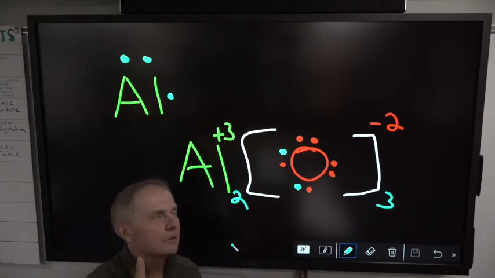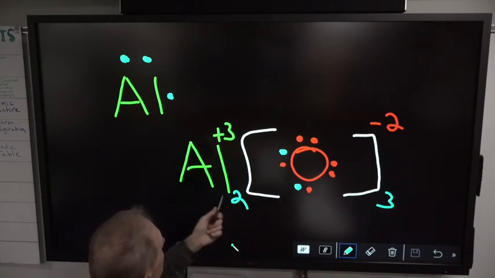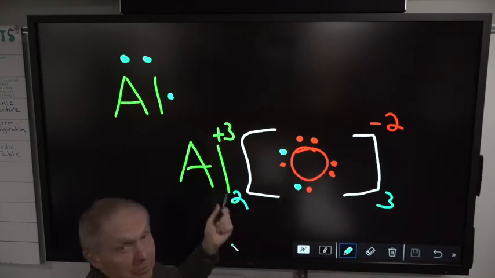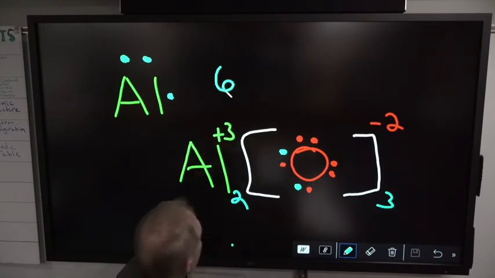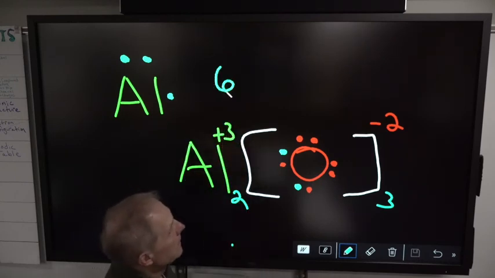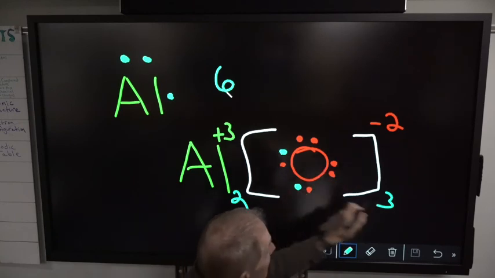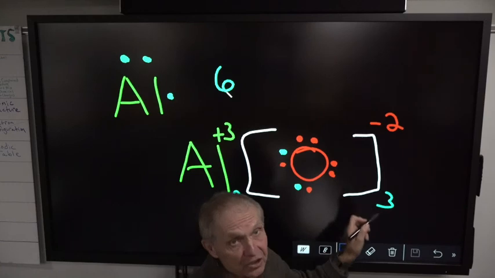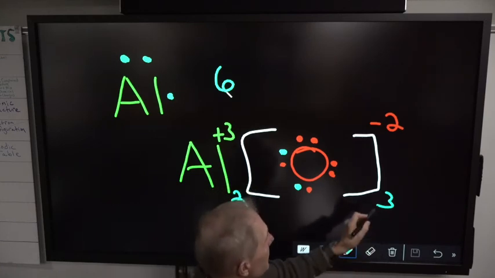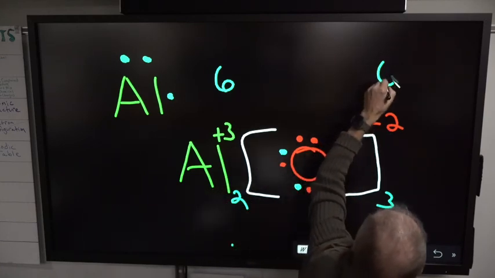Remember this. Here, you have 2 aluminums losing a total of 6 electrons, right? Here, you have 3 oxygens, and each oxygen wants to gain 2, so that'd be 3 times 2 is 6.